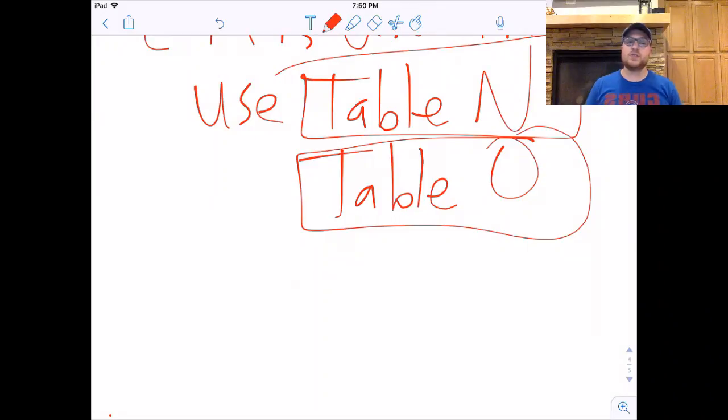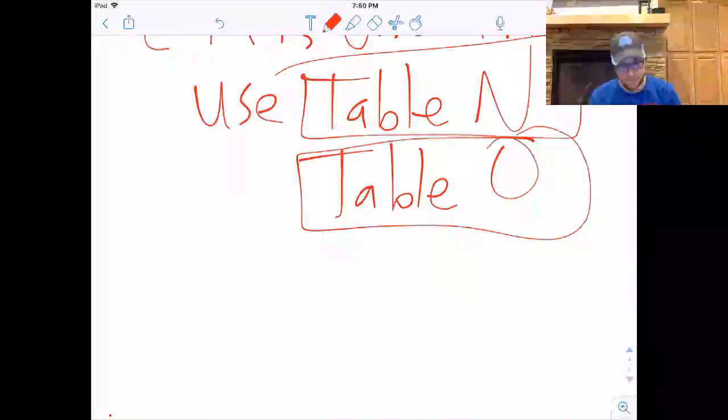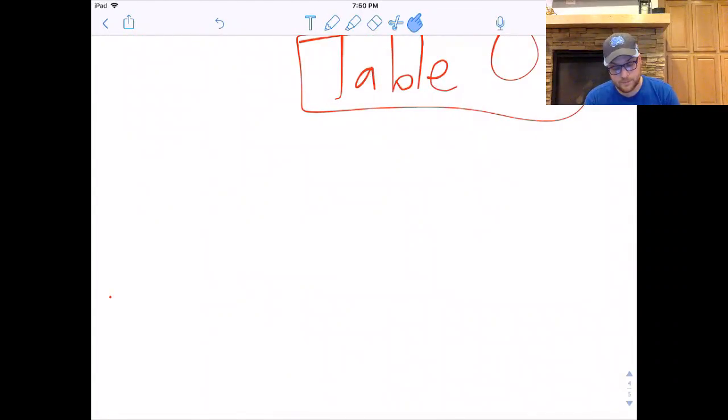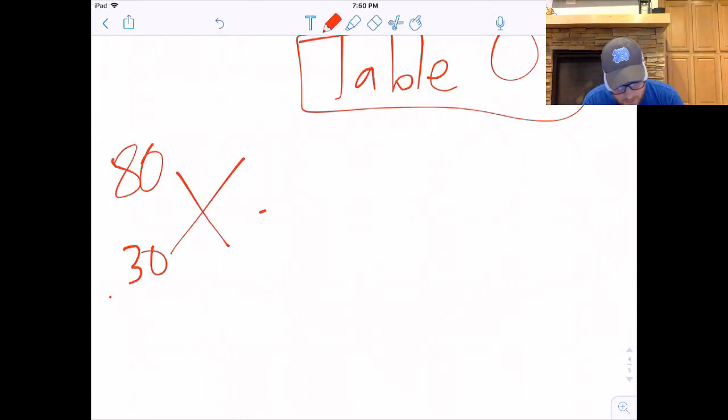The biggest one you're going to need to do is be able to predict a missing product when given a certain reaction. So what does that mean? I'm going to make up problems here. Let's say you had an element X that had an atomic number of 30 and a mass of 80. You look up element X on table N, and it releases an alpha particle.